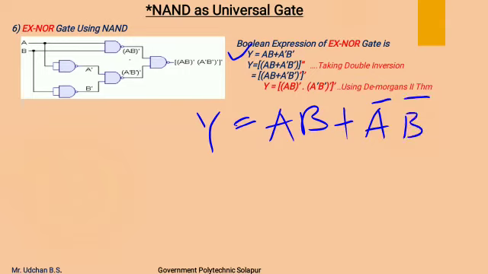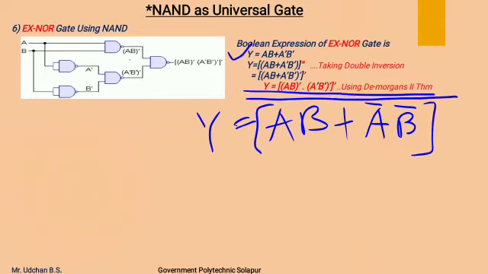Now we will take double complement of this equation. Now we will solve the one complement to convert the OR into the AND operation. That is, the equation will become like this: A B complement.